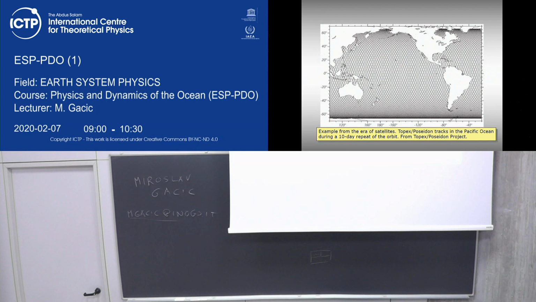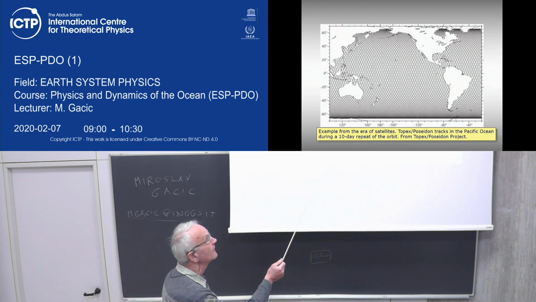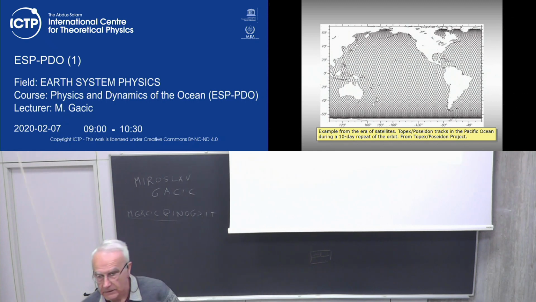We should combine the sea surface measurements with the in situ measurements. Otherwise, we will have only information on the very thin surface layer. If you get the information on the circulation from the satellite data, you get only the circulation in the first meter of the ocean. What is happening below, we don't know from this kind of measurements.